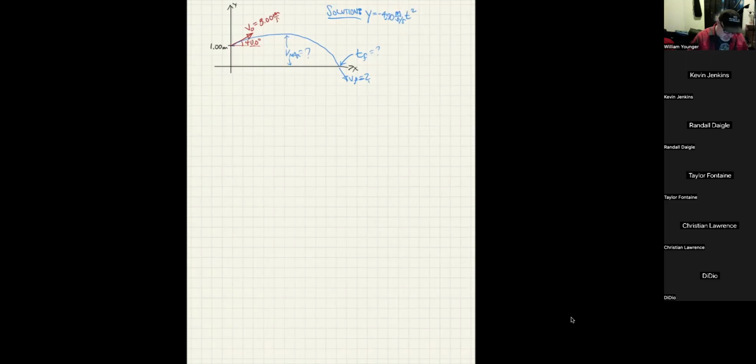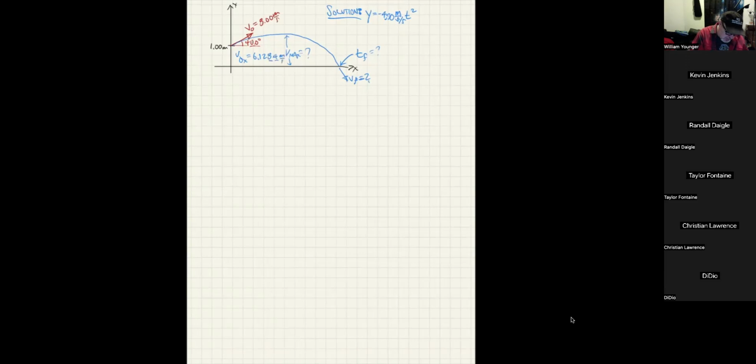Now, also, I can see that v0x is 8 times cosine 40, which gives me 6.1284 meters per second, with 2 extra sig figs.